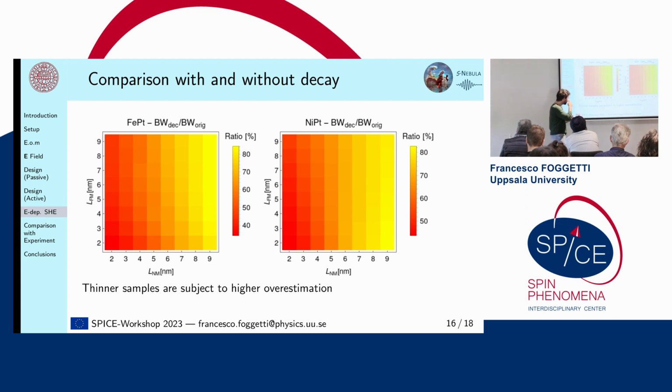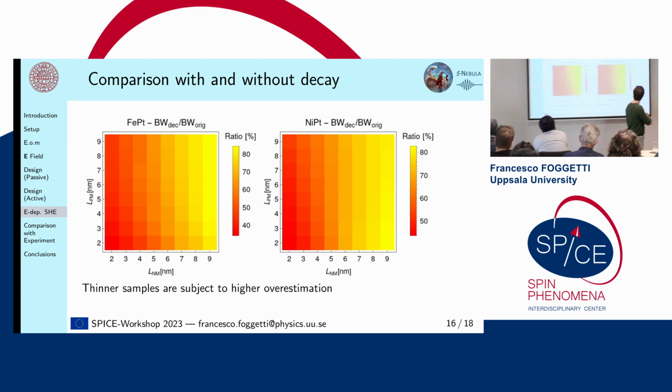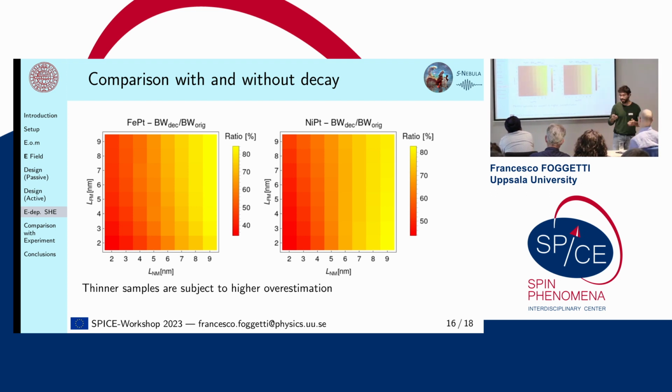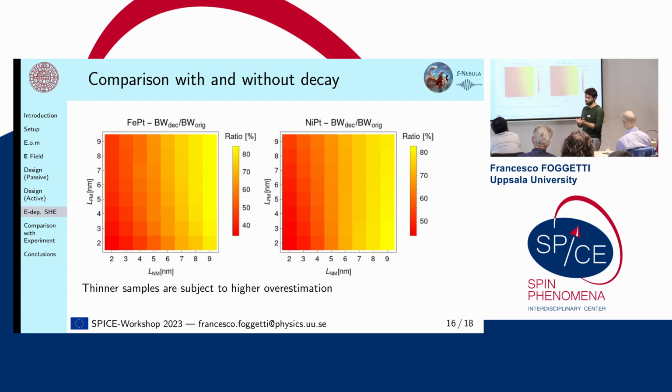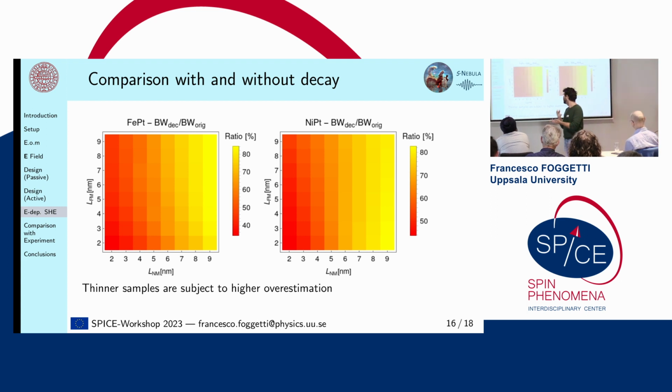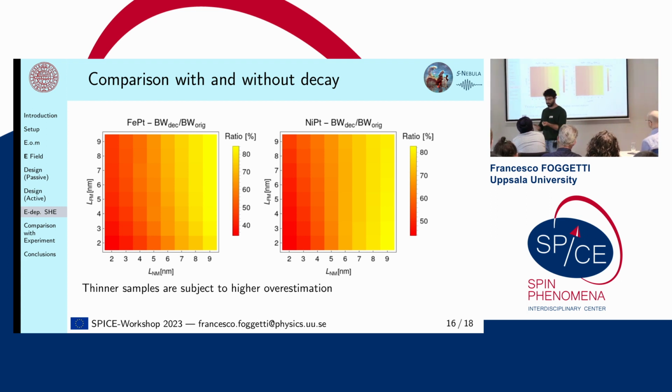It's not something that I have explained physically yet. We do see that thinner samples need a higher correction due to this procedure of decaying of densities, while thicker ones are closer to their value. After this, I would say that, okay, we discussed efficiency, we discussed the procedure for design, we discussed also the correction of the spin Hall effect.